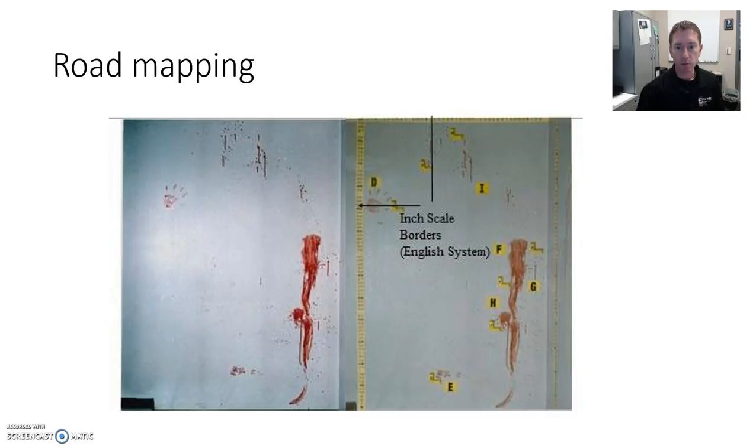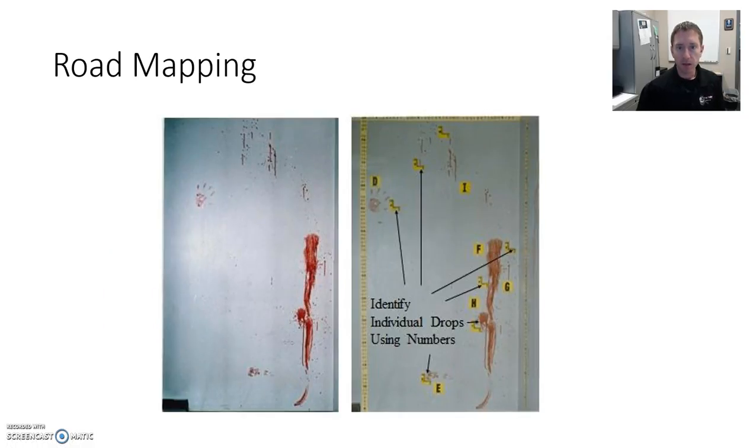So if we swabbed blood from here to see whose blood this is, the DNA, you can see we have our grid on the walls here. And we've got evidence markers, and this little F might be denoting the fact that right about here is where we actually had swabbed out a blood droplet. Identifying individual droplets with numbers and scales.